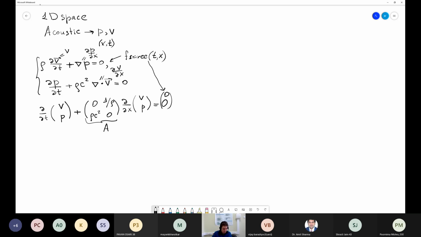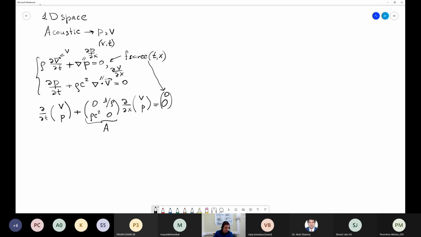If we analyze this matrix, we realize that it has a set of eigenvectors and eigenvalues, and the eigenvalues are real.